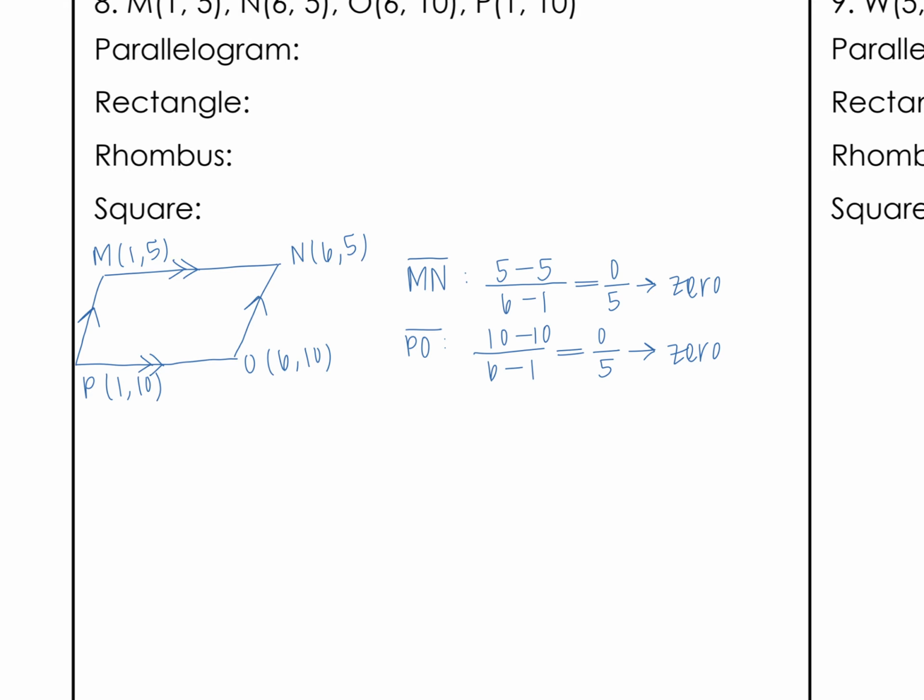So we have MP, which will be 10 minus 5, and then 1 minus 1. This here is going to give me 5 over 0, which is going to be an undefined slope.